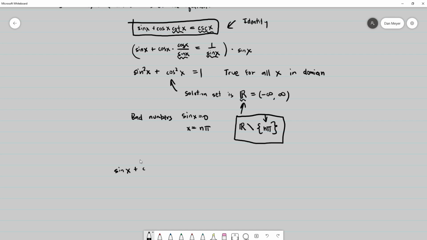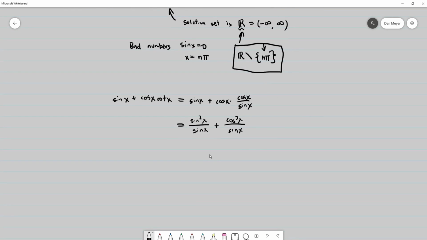Sine x plus cosine x cotangent x will be sine x plus cosine x times cosine x over sine x. And we get a common denominator now. We would get sine squared x over sine x plus cosine squared x over sine x.